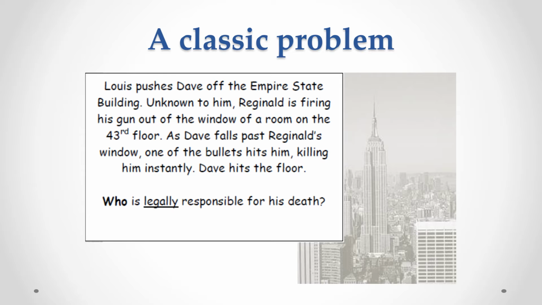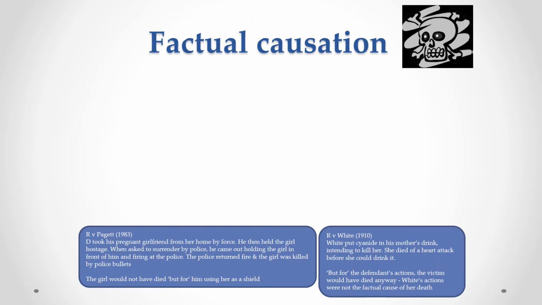So there are two tests that we need to apply, or two rules we need to apply for causation to be established. One of those is based on the facts, and it's what we call factual causation needs to be established. So based on the facts of the case, did the defendant cause the victim's death or injury? You can add there as well, okay?